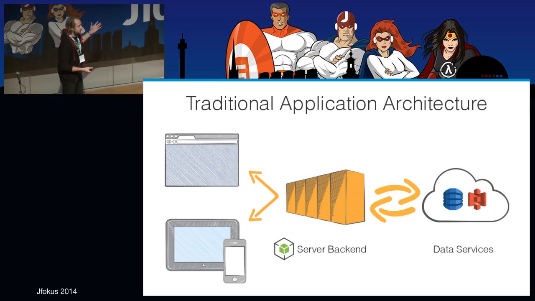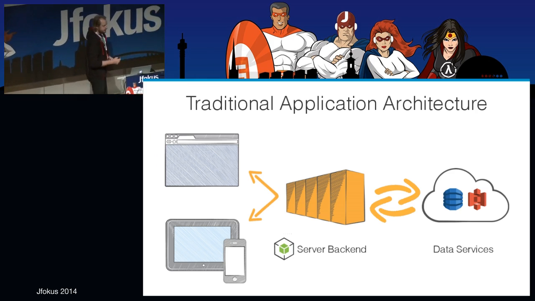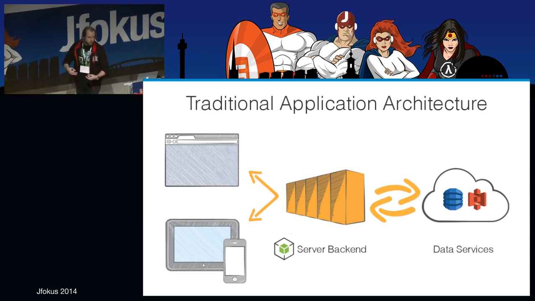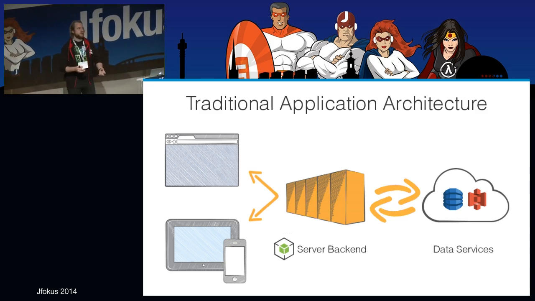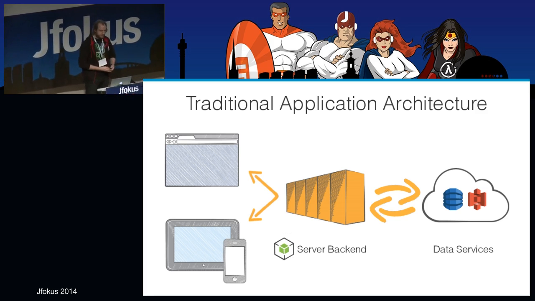And you're all familiar with this architecture. You have your client, it might be a mobile client or a browser client. It calls your backend server, where you have some logic, maybe to generate pages, or just an API layer that then communicates with the backend data services. It could be some database or some storage service, or, well, what have you.